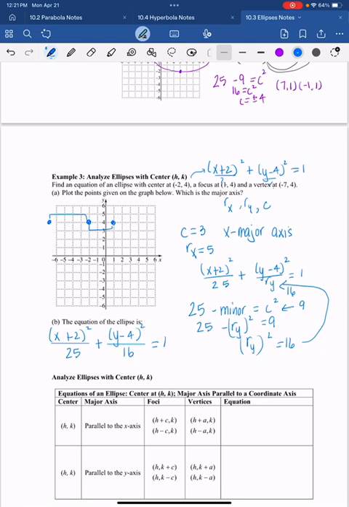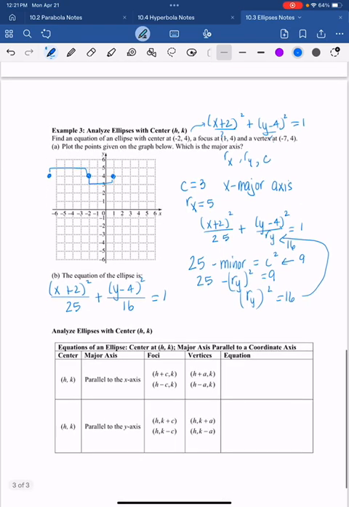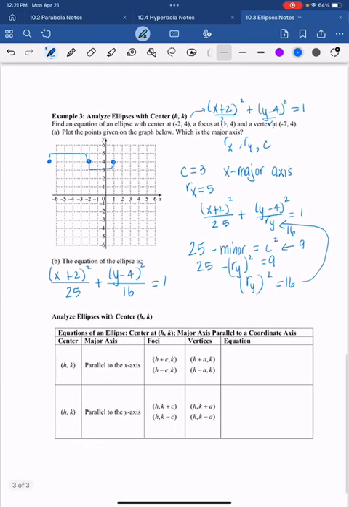Okay, putting it all together. Parallel to the x-axis, that means that it is longer. Parallel to the y-axis means that it is taller. The equation, x minus h squared over a. I'm using a and b because that's what your book uses. I really prefer using r sub x and r sub y, but whatever.